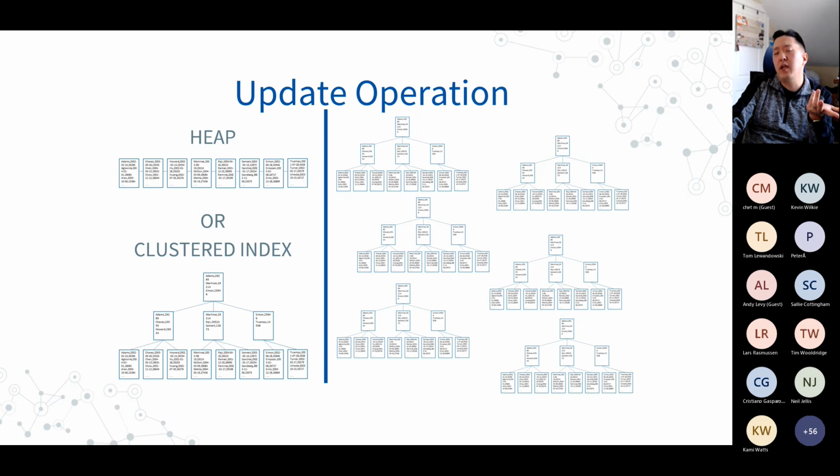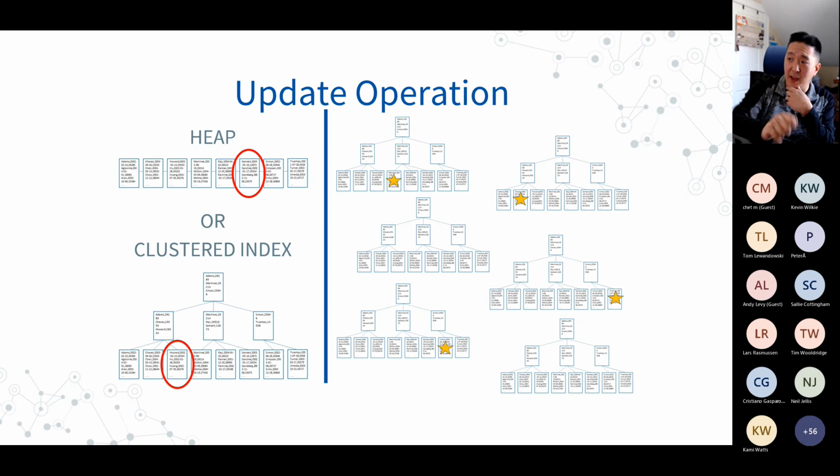So if I do an update statement on my table here, I'm going to have to modify a data page here or here, on my heap or my clustered index, right? And maybe I'm just doing one single record as far as this update statement is concerned. Well, be mindful of all of the different possible places where that same data value might show up in our non-clustered indexes as well.